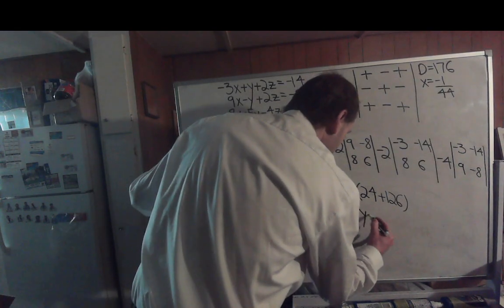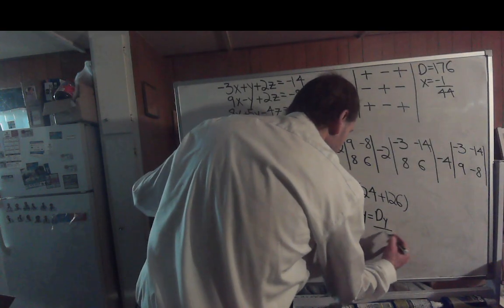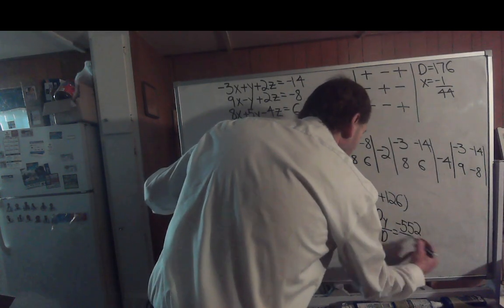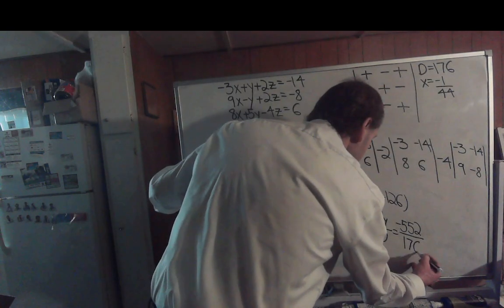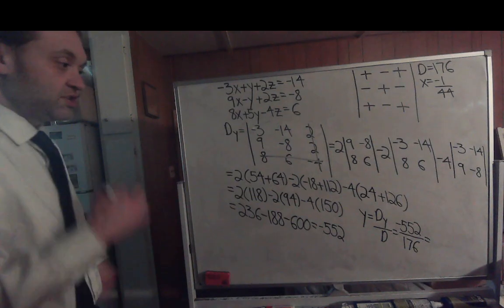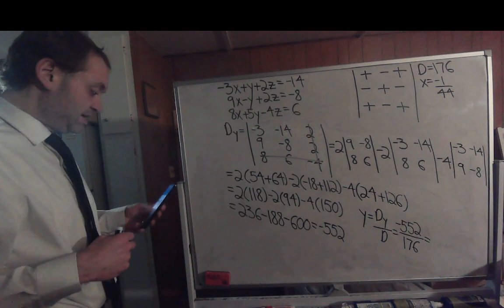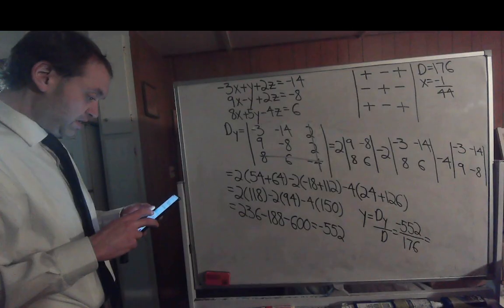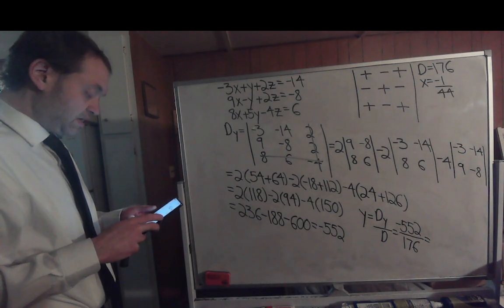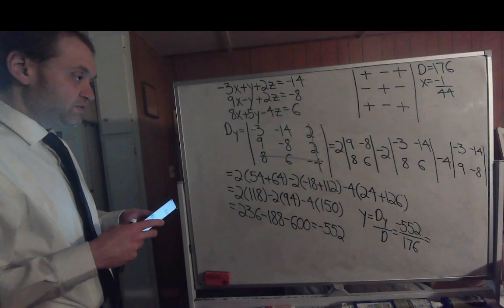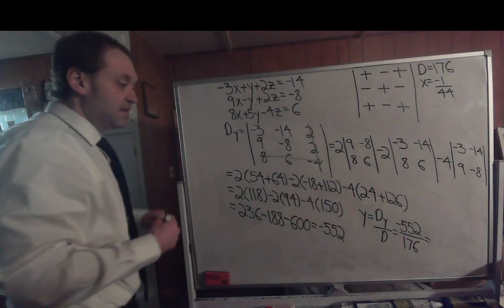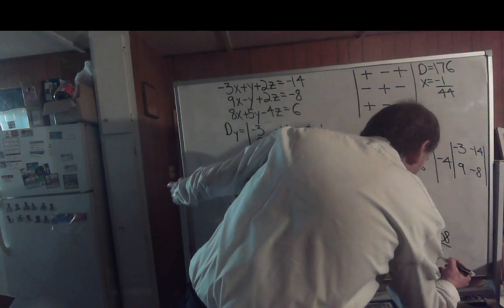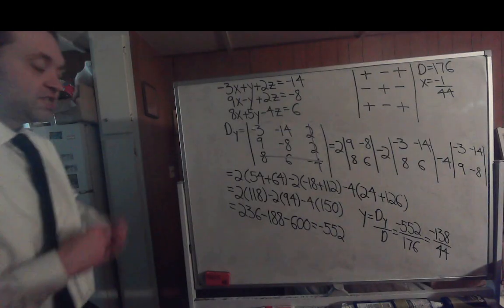Now to find y, you'll just take your d sub y, divide that by d, which is negative 552 over 176. Let's figure out what that is in reduced form. It's not going to be a pretty number, I can tell you that. Alright, I know it reduces to negative 138 over 44, which means it's at least going to reduce by another 2.